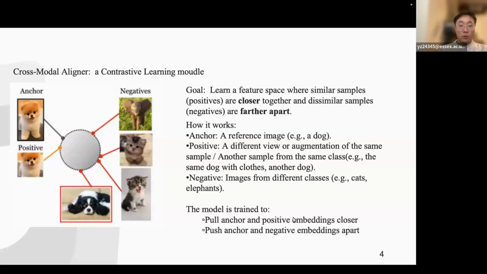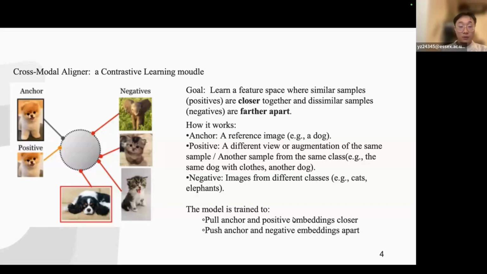So how does this work? We will have an anchor, a reference image. In the figure on the left, we can say the anchor should be the dog. Then the positive pair should be another dog. It could be another breed of dog, or it could be a different angle of view of the same dog. And in contrast, the negative pair should be a different type of animal.